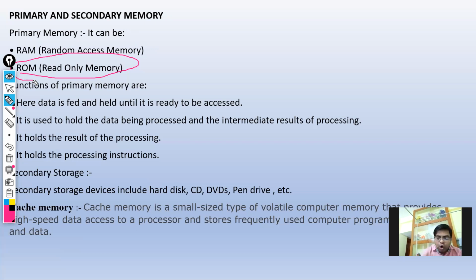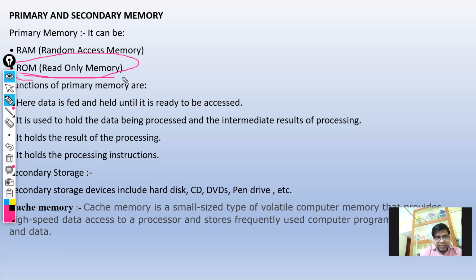It is also known as read-write memory, as information can be read from RAM and also written on it. Information stored in RAM may be erased or written a number of times.